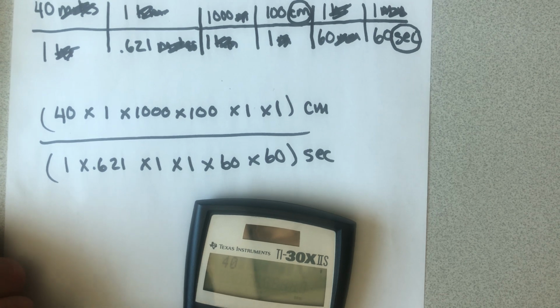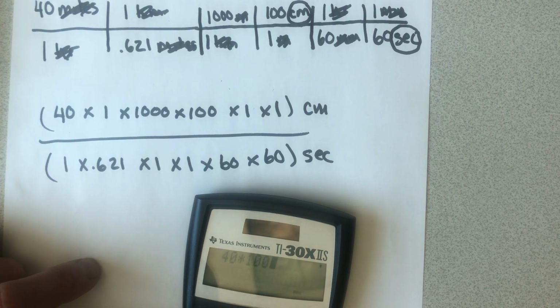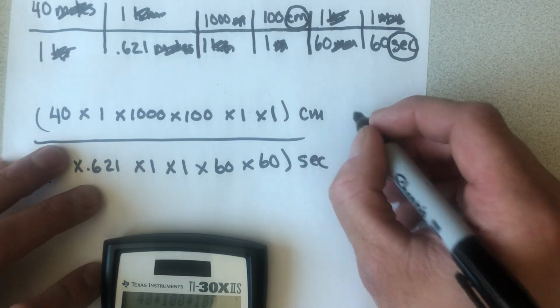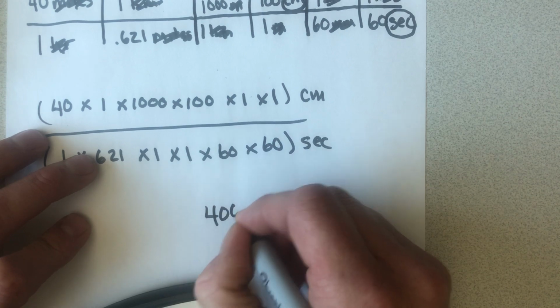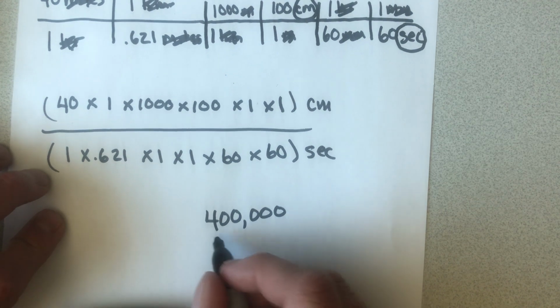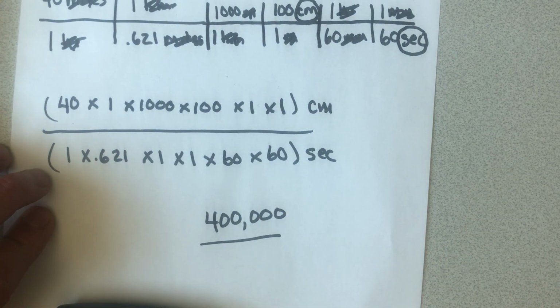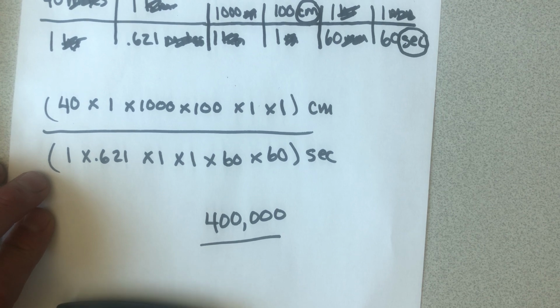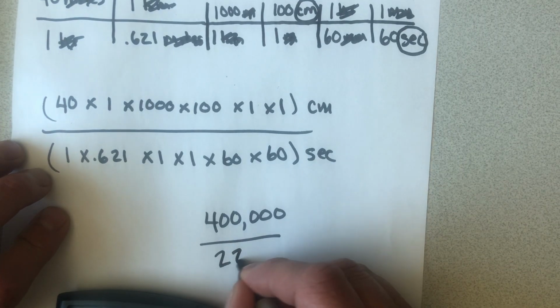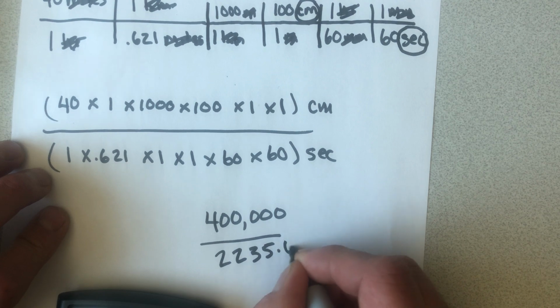So 40 times 1,000 times 100 equals 400,000 for the top number. And we're going to divide that by 0.621 times 60 times 60. The bottom number is 2235.6, okay?